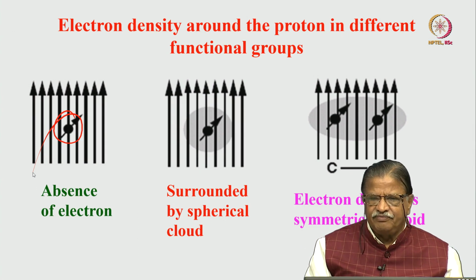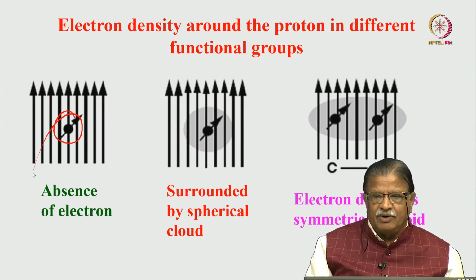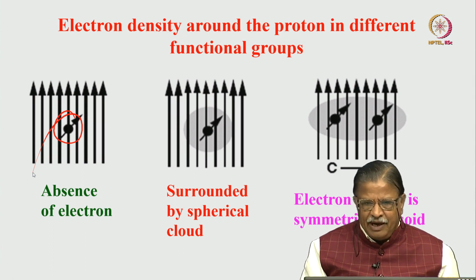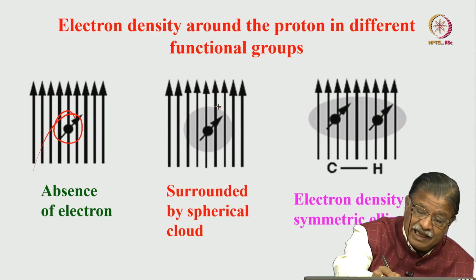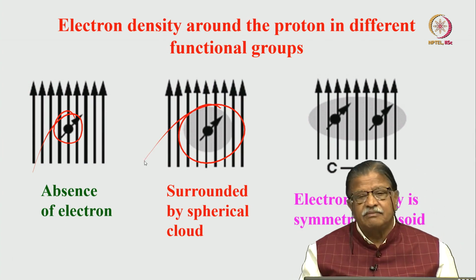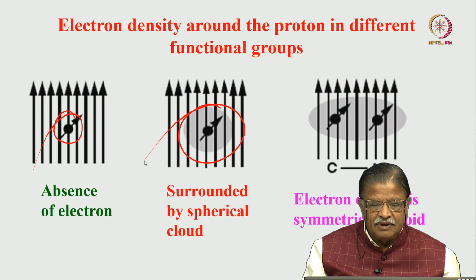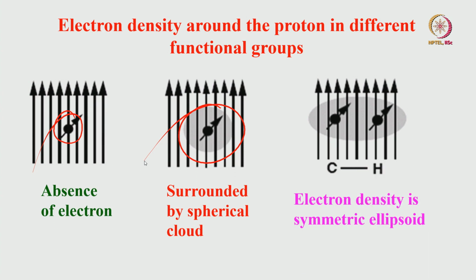Now consider a situation where I put a bare nucleus in a spherical cloud of electrons, and this is the charge distribution. But this is a hypothetical situation.